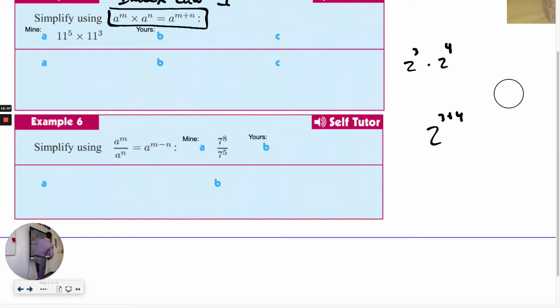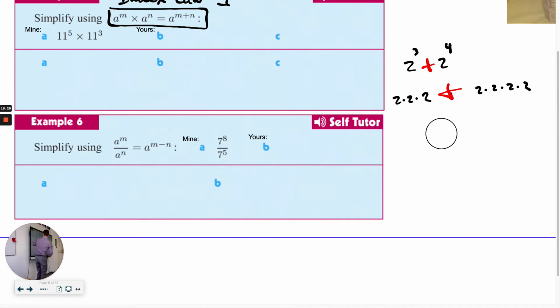This does not work if you have this. Oh, I want that back. I didn't mean what I said. If you have 2 cubed plus 2 to the 4, that's 2 times 2 times 2 plus 2 times 2 times 2 times 2. This plus breaks up the multiplication rhythm, and when you use an exponent, it means only multiplication.